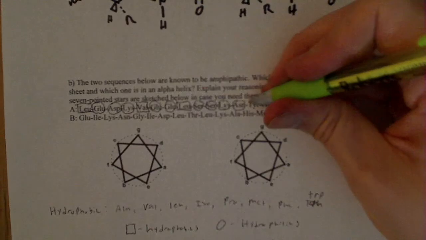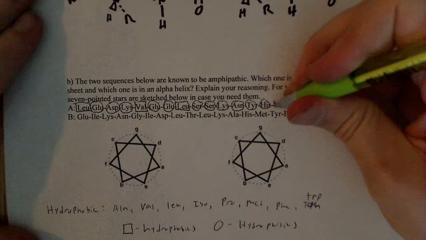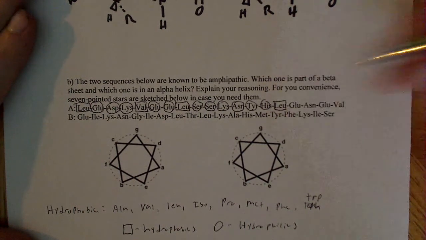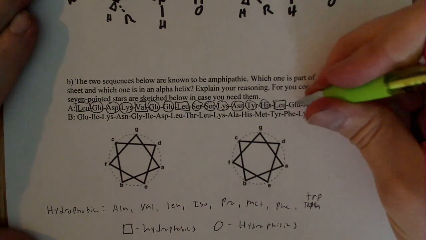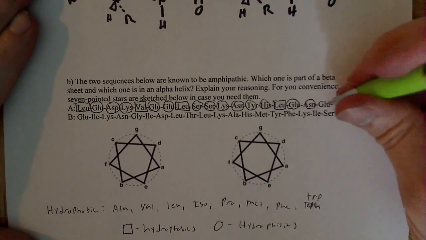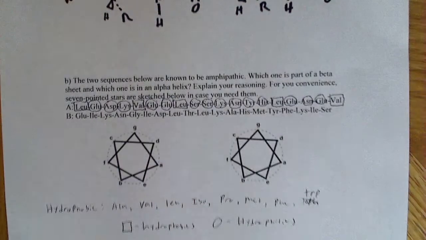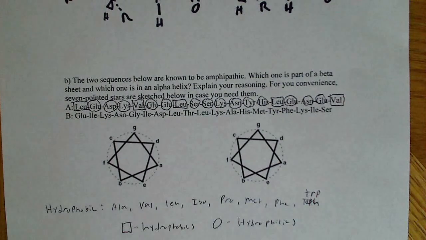Lysine is going to be a circle. Asparagine is going to also be a circle. Tyrosine is also going to be a circle. Histidine a circle. Leucine, a box. Glutamic acid a circle. Asparagine a circle. Glutamic acid and valine. Okay, so that's the first one that we have to cover here.